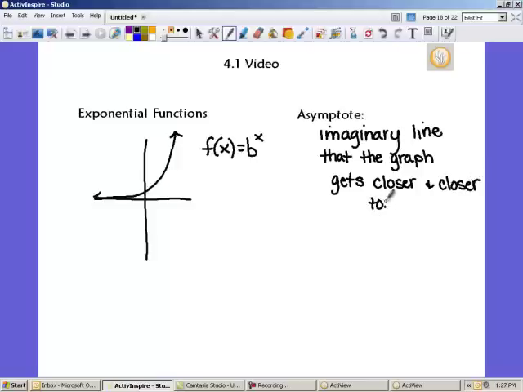So if you notice over here in this graph, our asymptote will be this imaginary line here, because our graph gets closer and closer and closer to it, but maybe never touches it. We don't know.